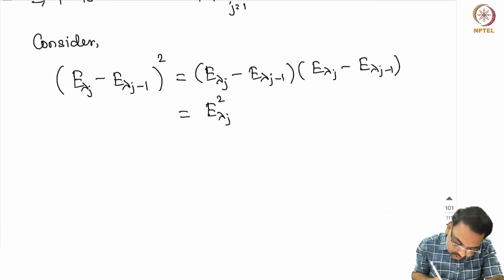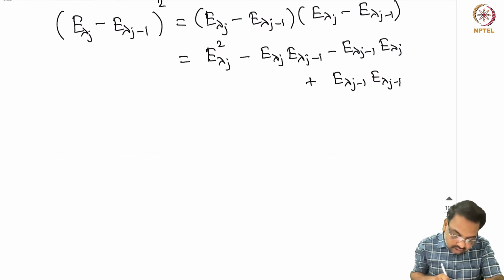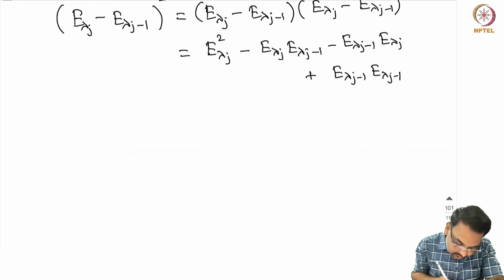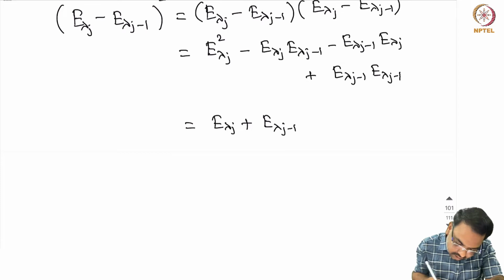So let me write minus E lambda j minus 1 minus E lambda j minus 1 E lambda j plus E lambda j minus 1 square. Now each E lambda j is a projection, so the last term is E lambda j minus 1.